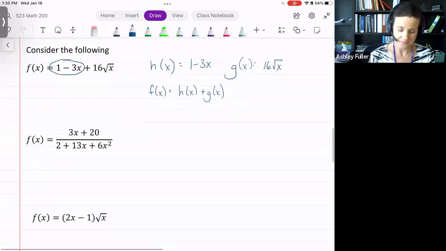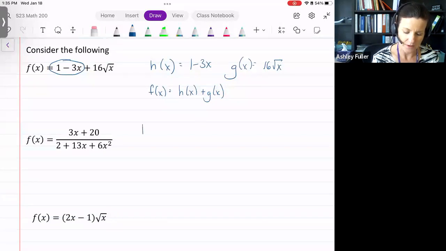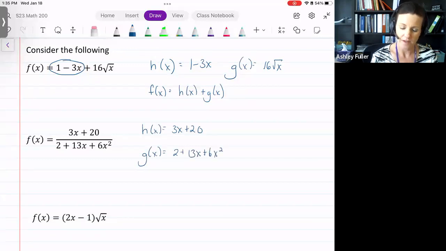Likewise, I can define this function as both the top portion, h of x, as simply 3x plus 20, and g of x I can define as 2 plus 13x plus 6x squared, which leaves me with f of x is h of x over g of x.